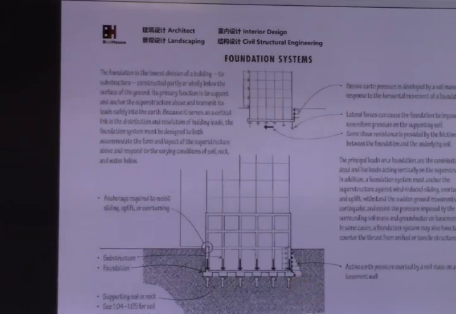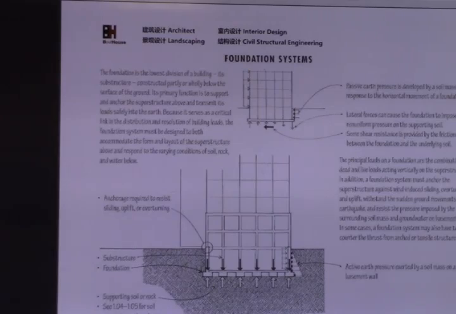Deep foundation means we have the basement. The basement can be one layer, or 2 stories, or 3 stories, depending on the height of your building.